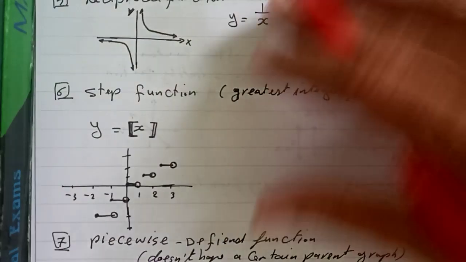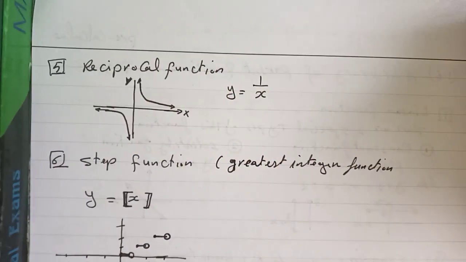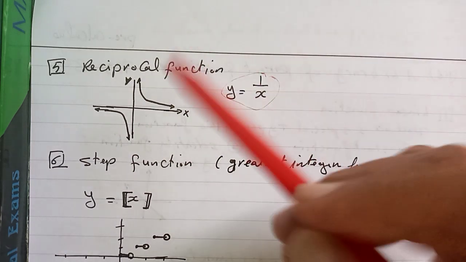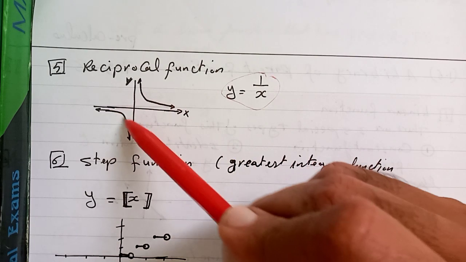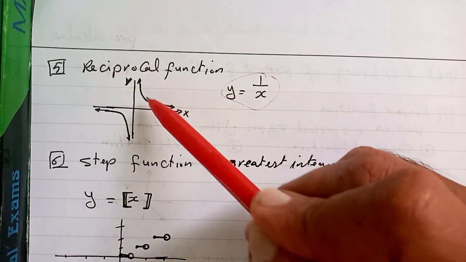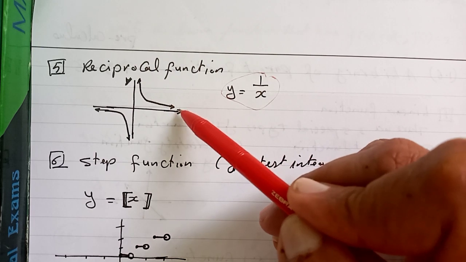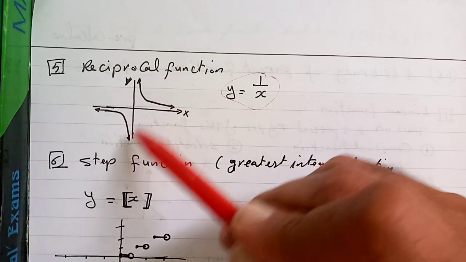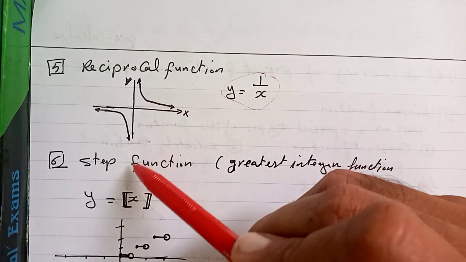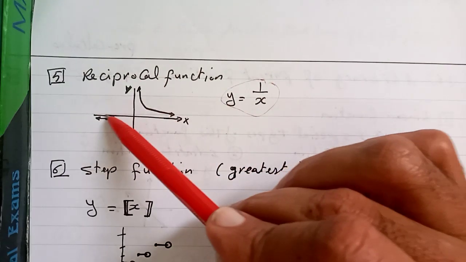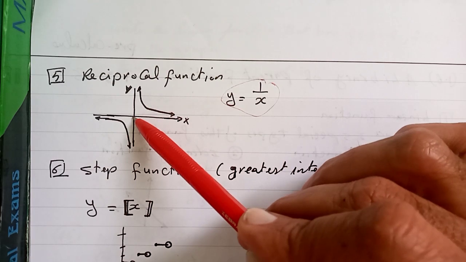Number 5, the reciprocal function, which is y equals 1 over x. The graph of this is like this: two branches, each one approaching the x and y axes, but without reaching them. What are the domain and the range? The domain is all the real numbers except 0.